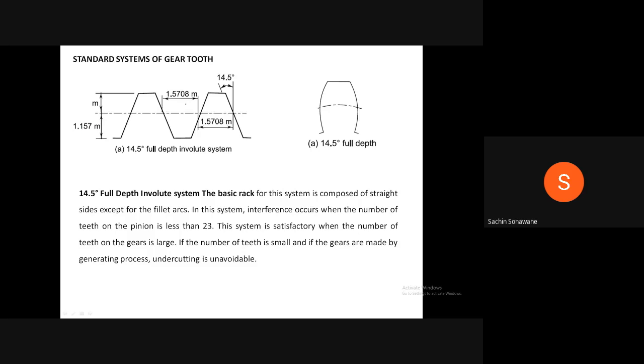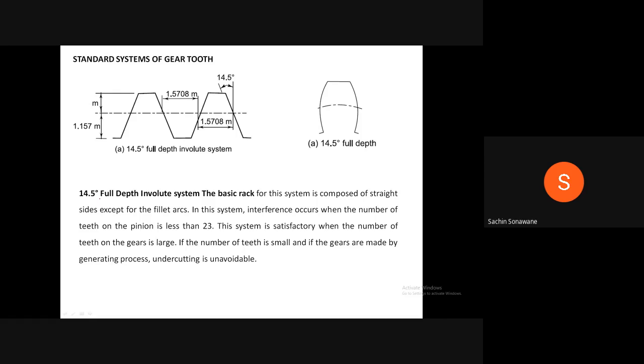This distance is known as tooth space. Tooth space is 1.5708 times module, and this is known as tooth thickness, 1.5708 times module, and these teeth are inclined at an angle of 14.5 degree. This is the pressure angle, and this is the gear tooth which is manufactured by using this rack cutter having 14.5 degree full depth involute system.